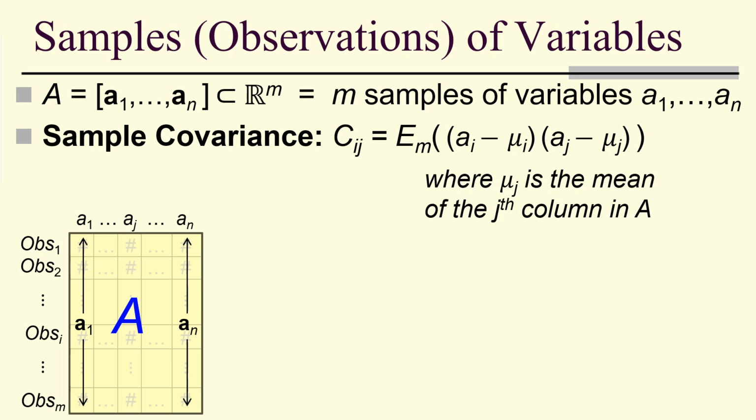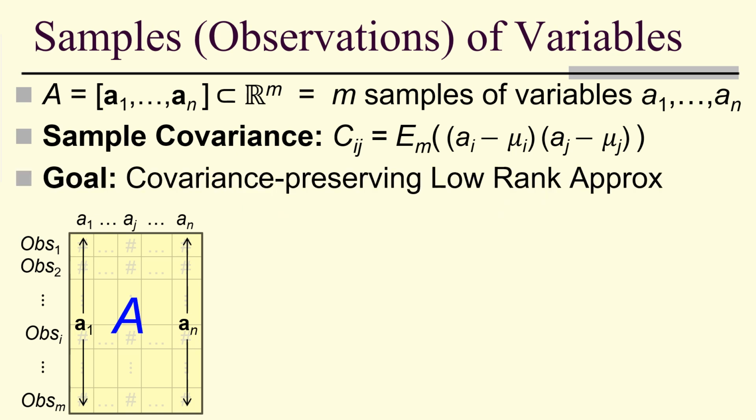Sample covariance is the sample mean of these products of differences with the respective means. And this is from statistics, and this is a sample mean, an empirical mean. Our goal is a covariance preserving low rank approximation.